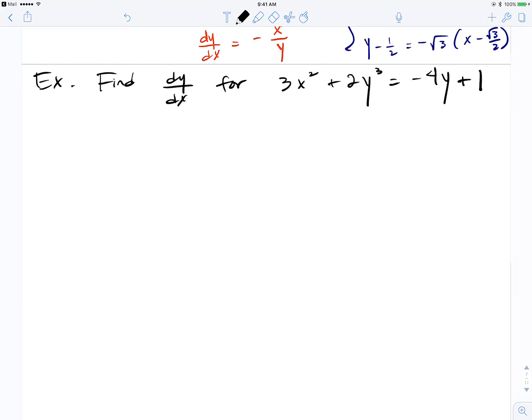Okay, so we need to use implicit differentiation here.